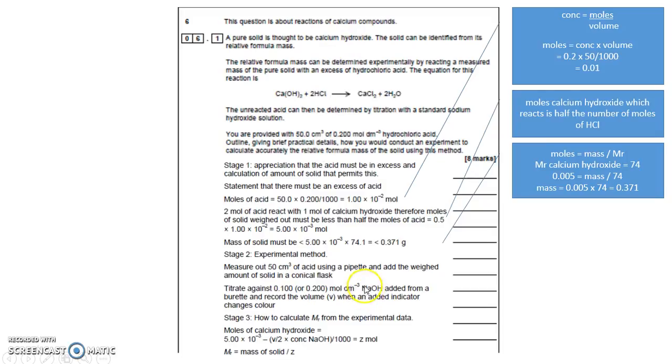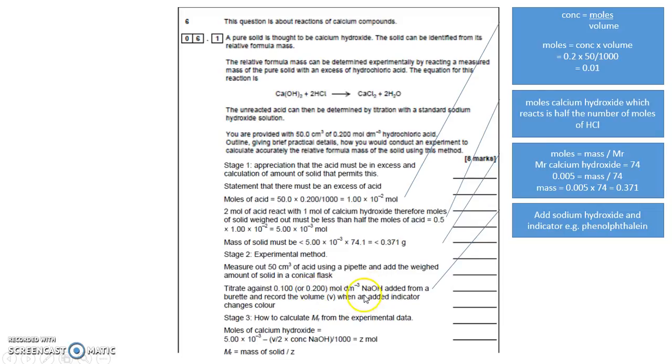So we can react with sodium hydroxide, adding some sodium hydroxide in a burette using a titration method, and when the indicator changes colour, I'm going to suggest something like phenolphthalein. Phenolphthalein, when the sodium hydroxide is added to it, will go purple.